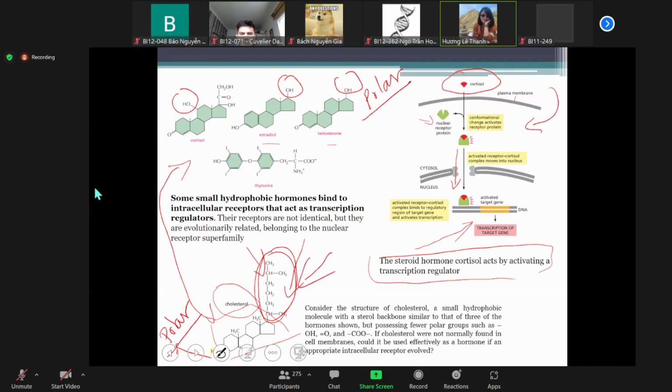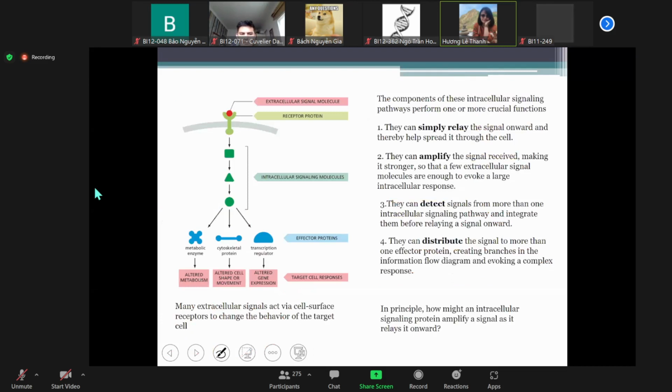So next, about the response of the cells. The response of the cells could be proteins, could be an enzyme that produces a large number of small intracellular signals, that is cyclic AMP or cyclic GMP, or it could be an enzyme that modifies a large number of intracellular target proteins, for example, by phosphorylation.